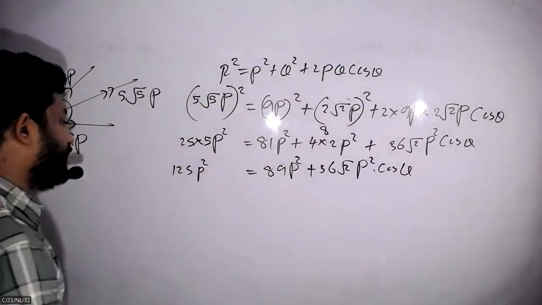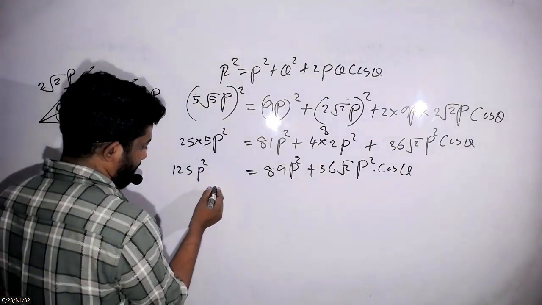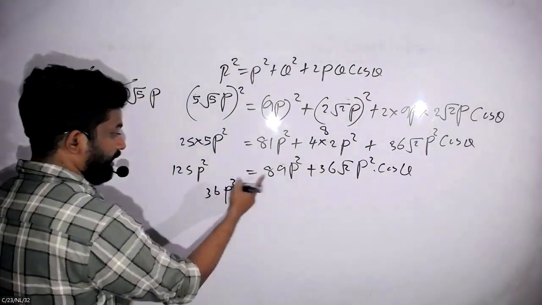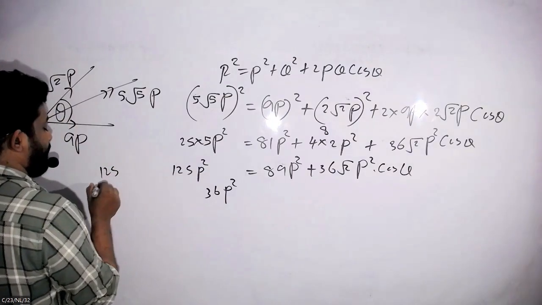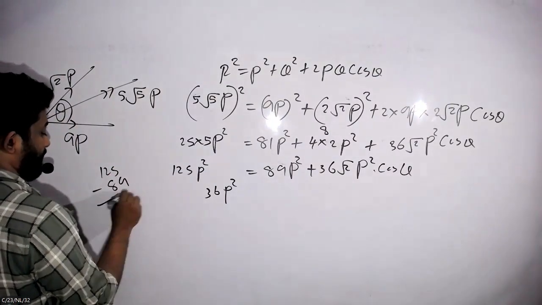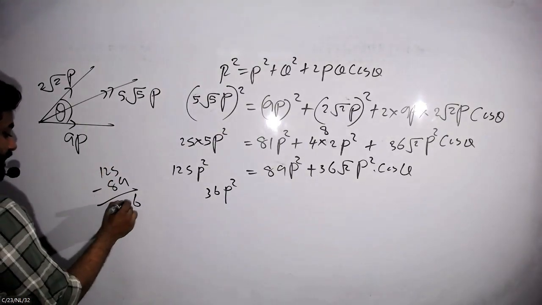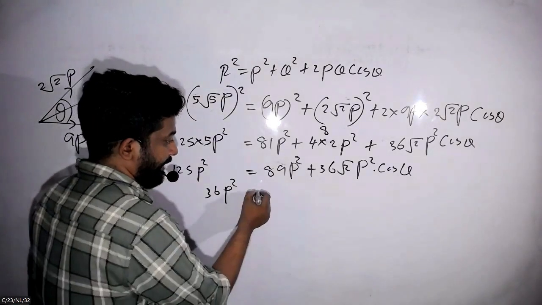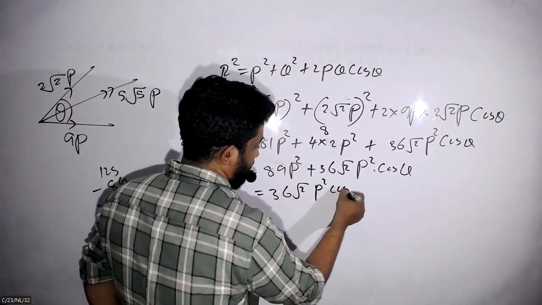Then 125 minus 89 is 36. We need to bring this term from here to here, no? Then 125 minus 89: 15 minus 9 is 6, 36. Is equal to 36 root 2P squared cos theta.